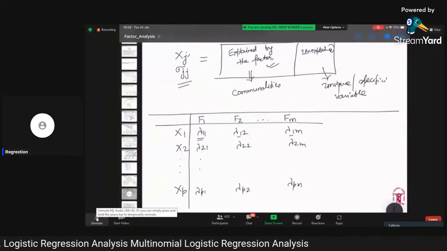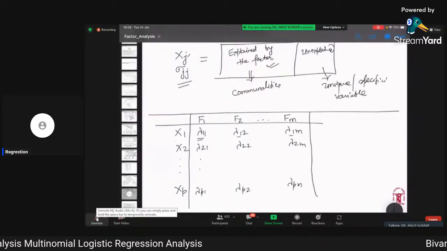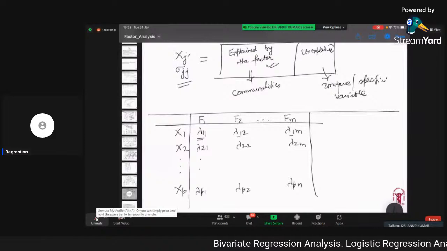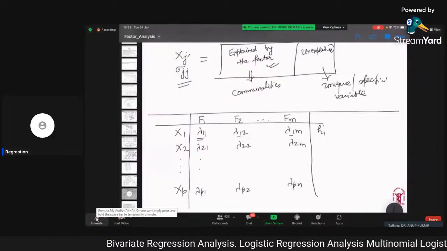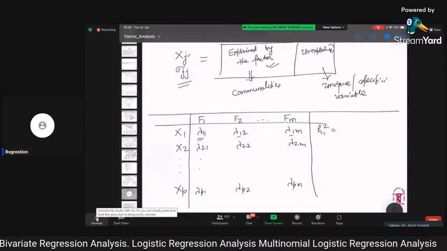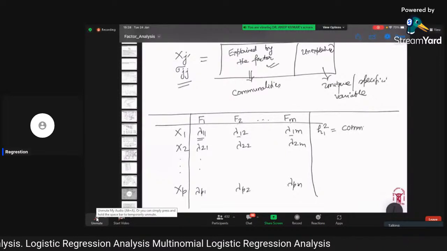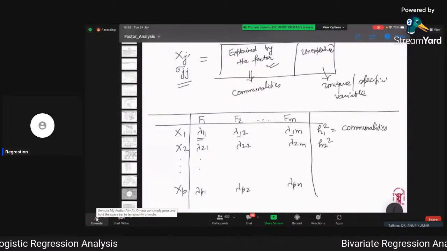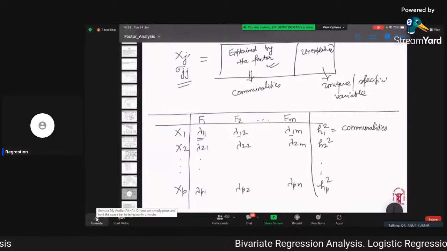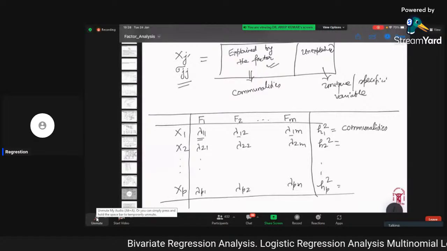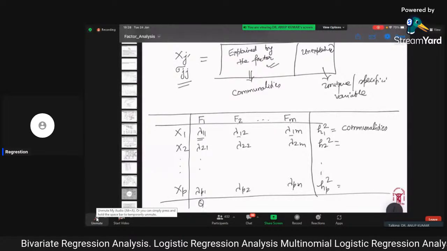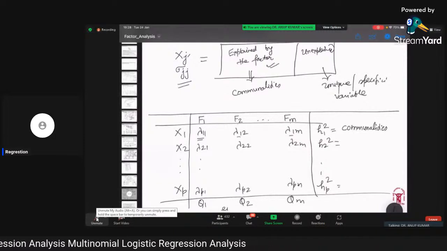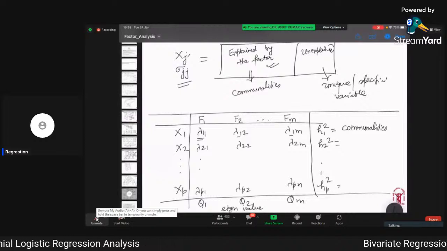Okay, now if you square all these and sum over here, it will be represented by h1 square, h2 square, and hp square, the communalities. And downside, if I say Q1, Q2, and Qm, these are termed eigenvalues.